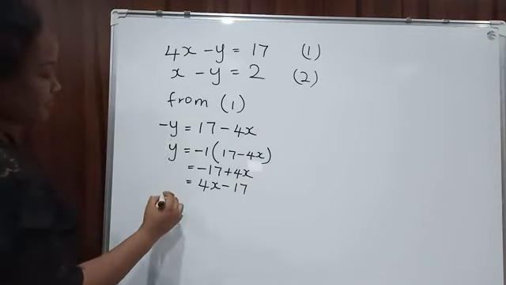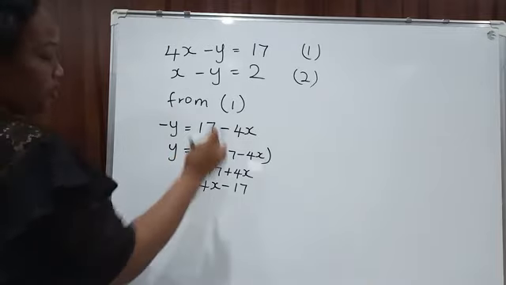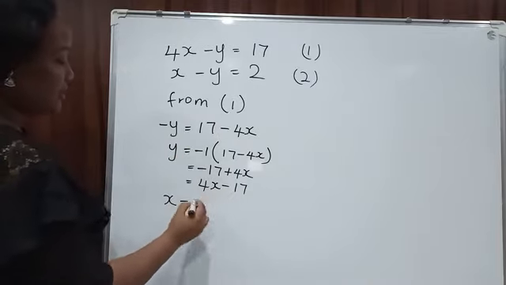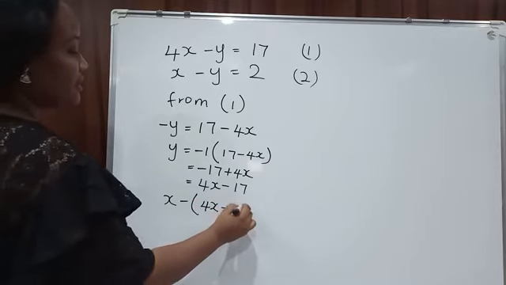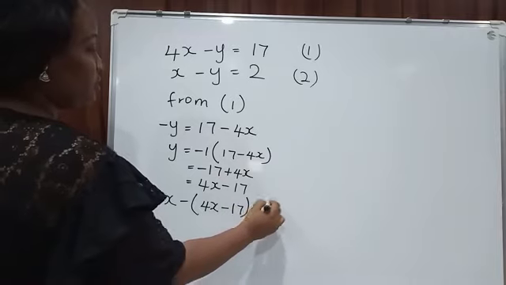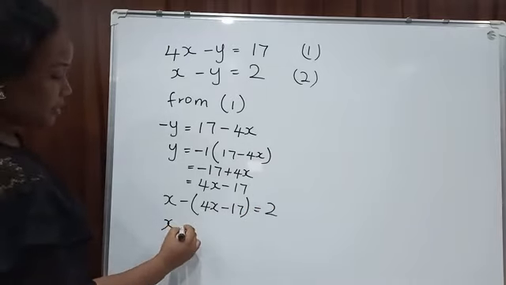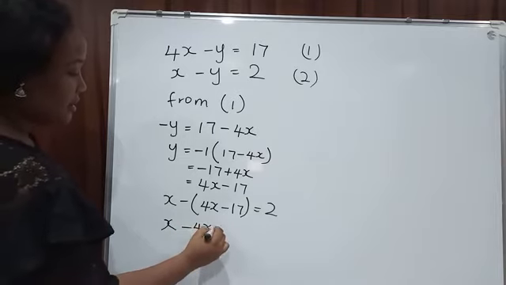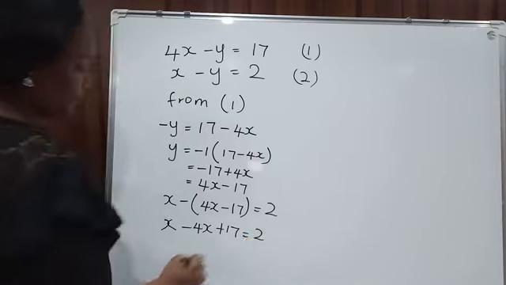We now substitute this into equation 2. We now have x minus our y, which is 4x minus 17, equals 2. So you have x minus 4x plus 17 equals 2.